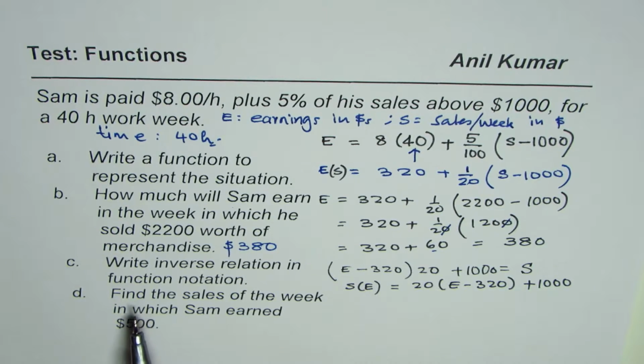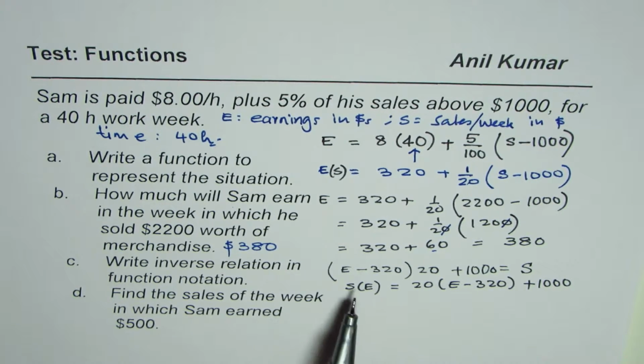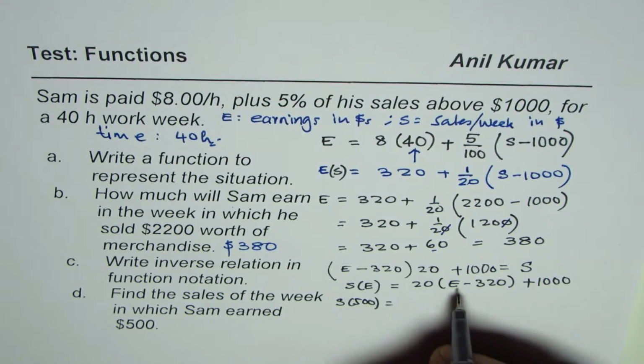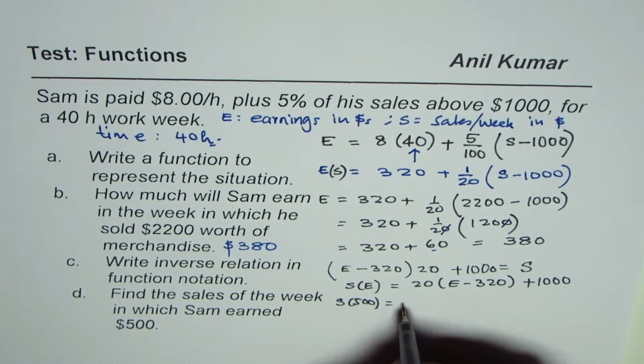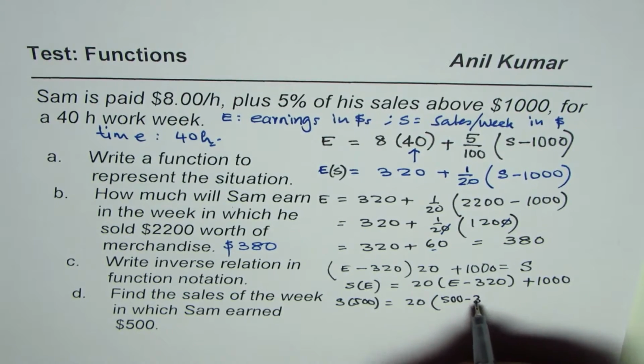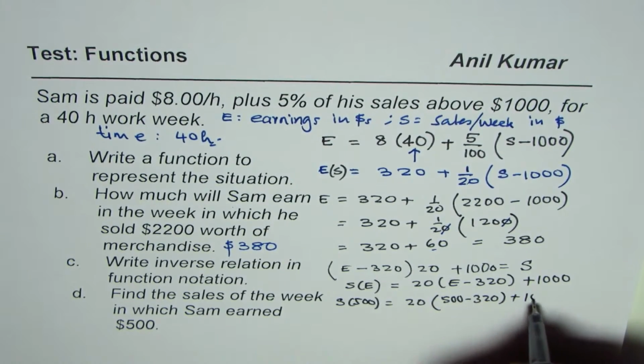Now the question is, find the sales of the week in which Sam earned $500. So the earnings is given as $500. We want to find sales. So sales for that week, for the earning of 500, is equal to, replace this E by 500, 20 times 500 minus 320, plus 1,000.